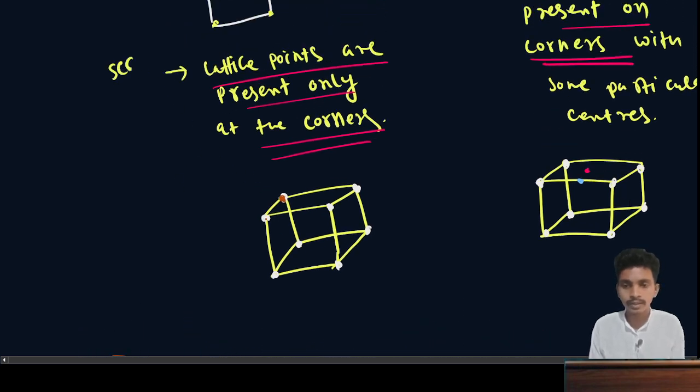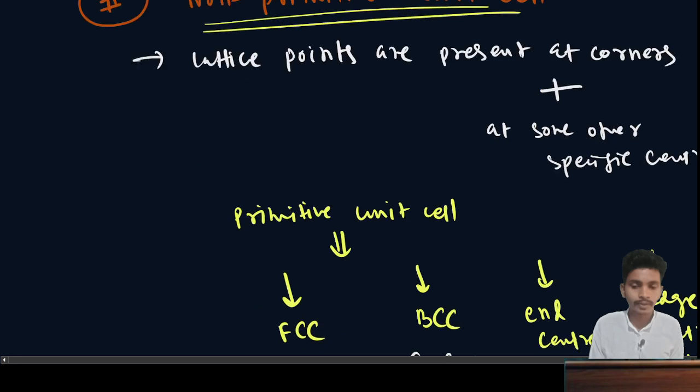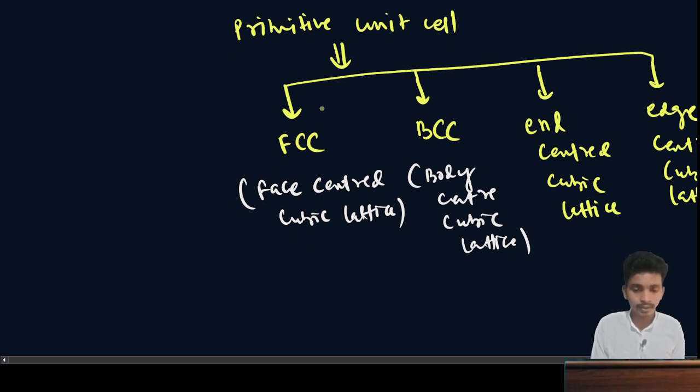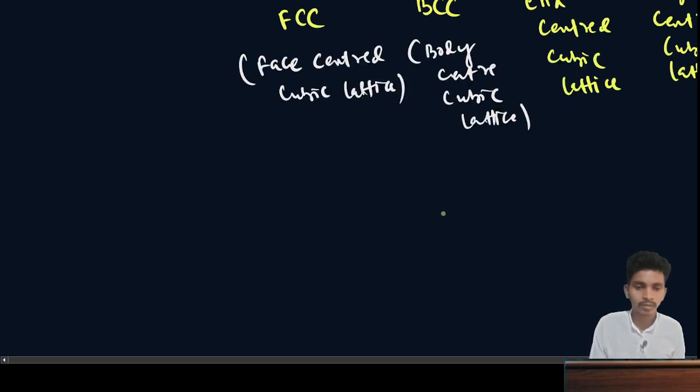So SCC comes under primitive unit cells. Then we have FCC, BCC, end center and edge centers. So for this we have these four types: FCC, BCC, end center and edge centers. So FCC means, for FCC, what is there? Suppose this is the crystalline solid.